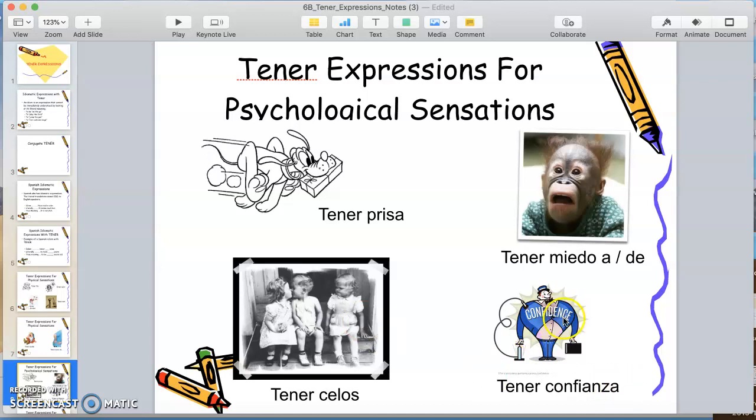And then this guy, he says confidence here. So, tener confianza. Confianza is a cognado, is a cognate. What's a cognate? Okay, think. Back to first semester, we talked about cognates. Chocolate and chocolate are cognates.